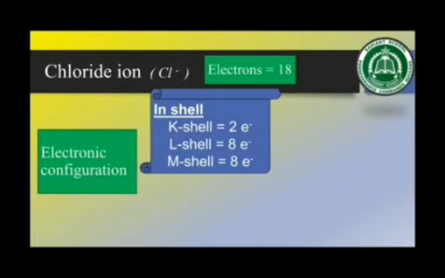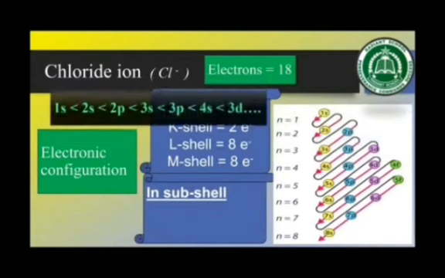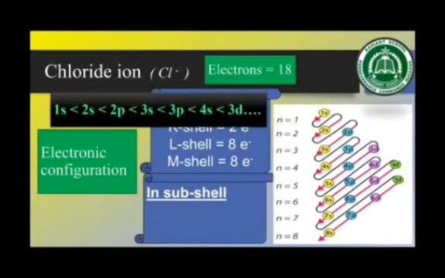Electronic configuration in subshells, by using the sequence or the Aufbau principle diagram: 1s2, 2s2, 2p6. Total 10 electrons are there. Now 3s.